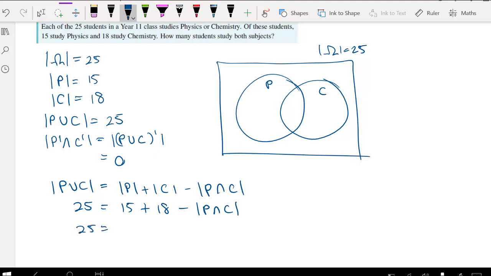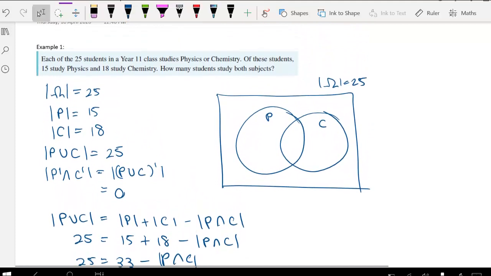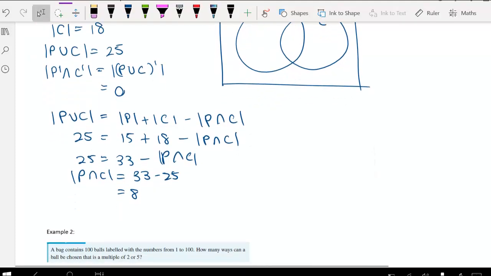So 25 is equal to 33, take physics and chemistry. So physics and chemistry will be 33 subtract 25, which will be 8. So we've already answered the question. How many students will study both subjects?